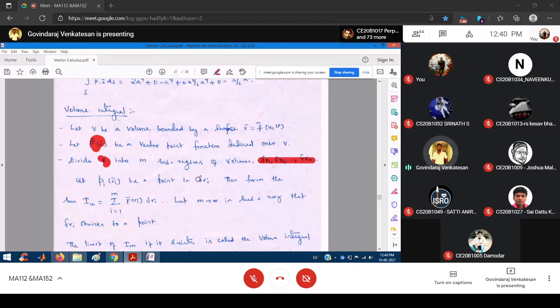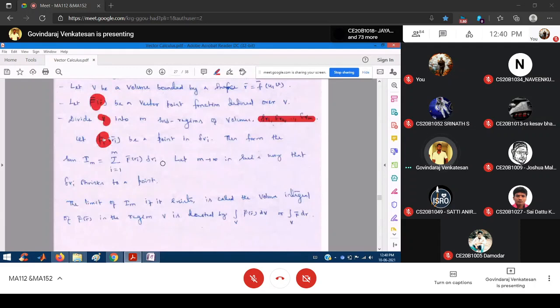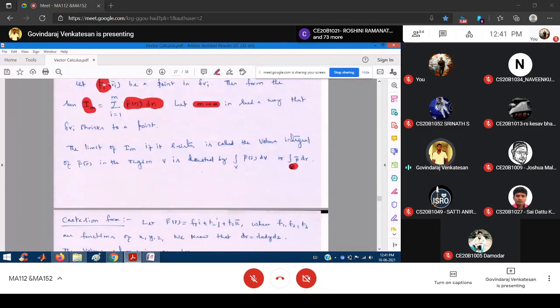In each Vi, choose the point Pi, and you sum, you'll get the value. Im is nothing but the summation, i running from 1 to m, of f of Ri times delta Vi. So take m tends to infinity, you will get the integral over V of f vector into dV. This is our volume integral, similar in manner to the surface integral.